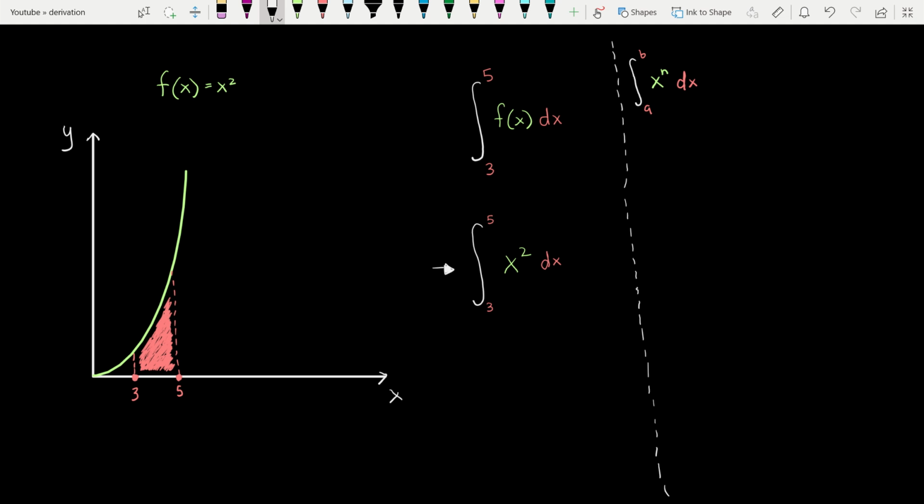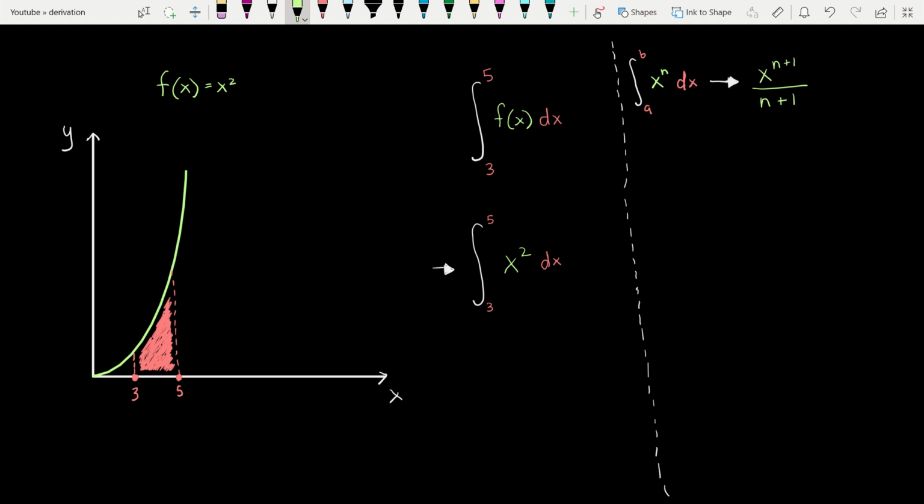So you'll have an integral where you have an x raised to some power. Whenever you have an integral like this, there's a really special way of solving it. That's why you need to identify it first, and then you'll be able to solve it. So it turns into something like this.